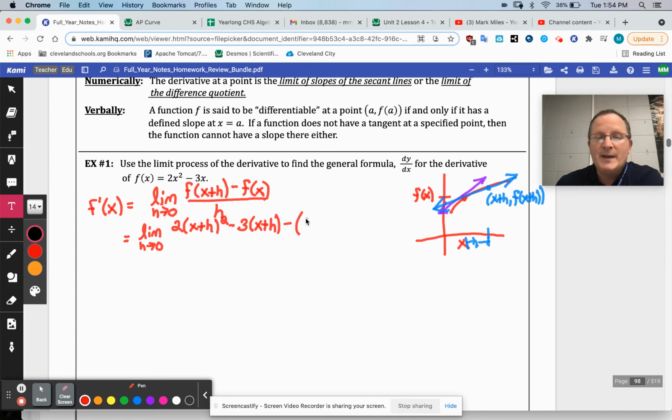So the function itself is 2x squared minus 3x, all divided by h.